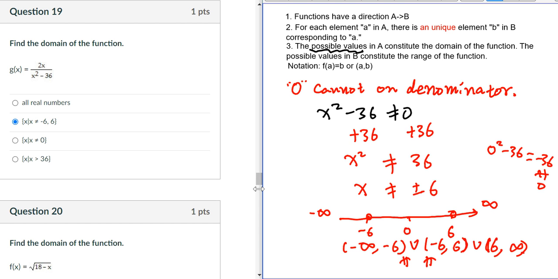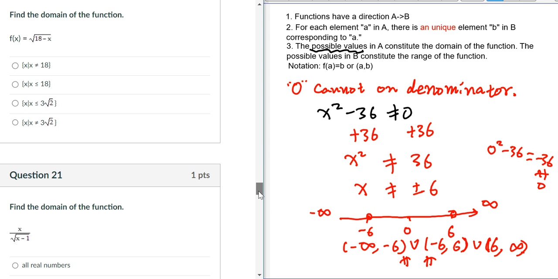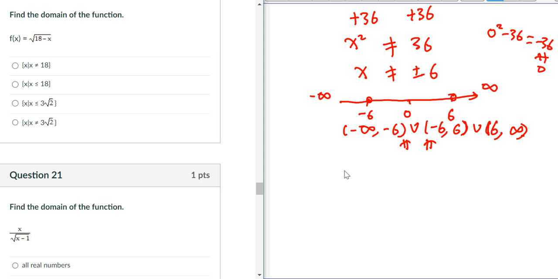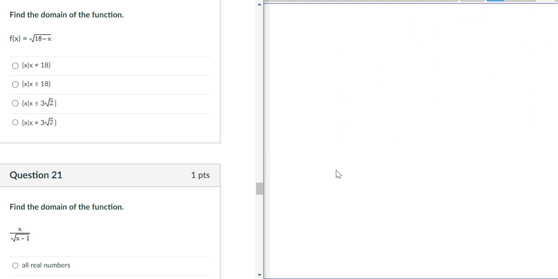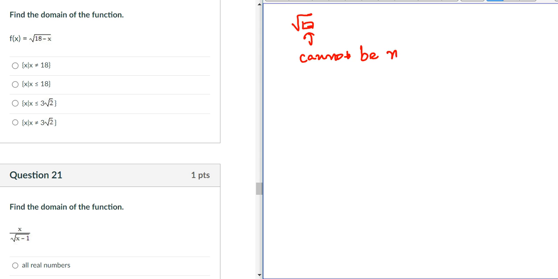Now, how about the following one? Let me move this one up a little bit. We know inside the radical sign, this place cannot be negative. You see why?